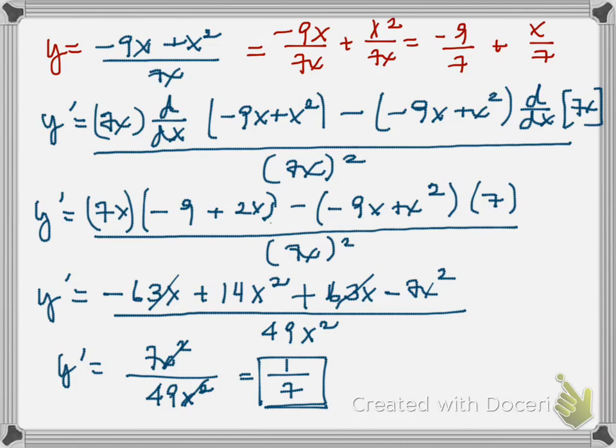In this case, this method, the second method here in red, clearly would have been simpler. But you can see how the quotient rule works, and we ended up with the same answer.